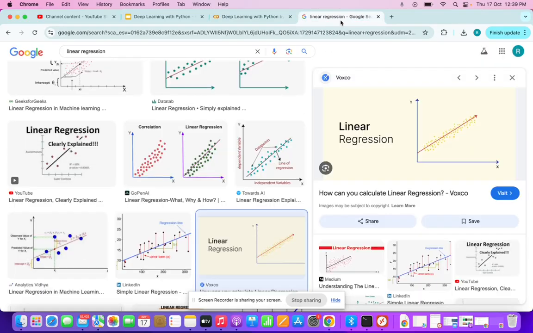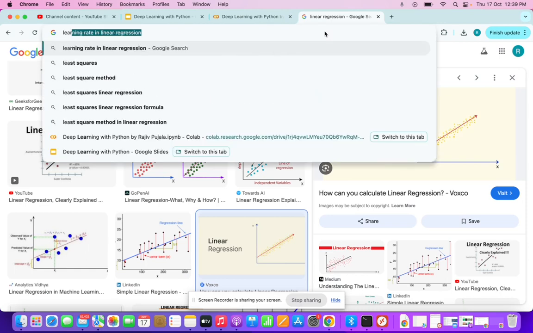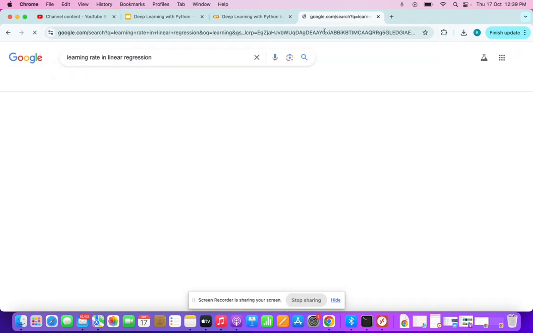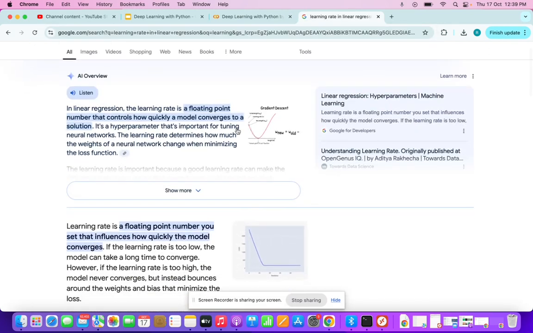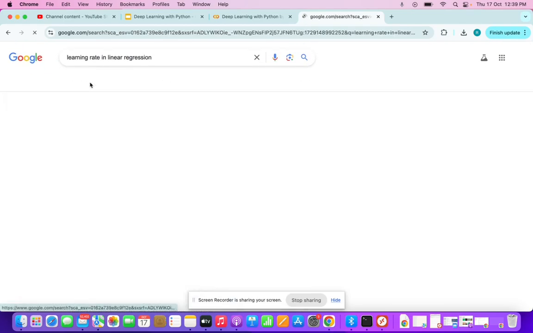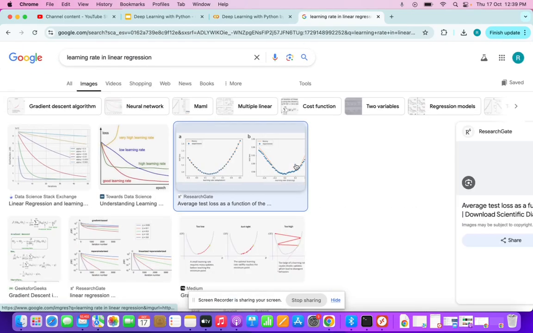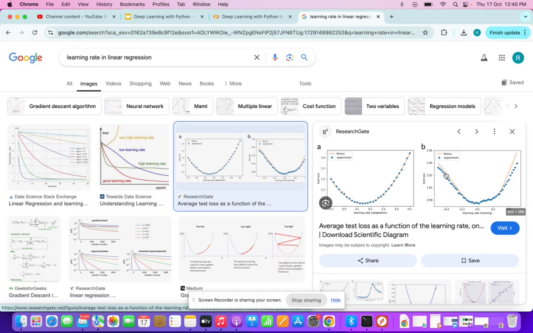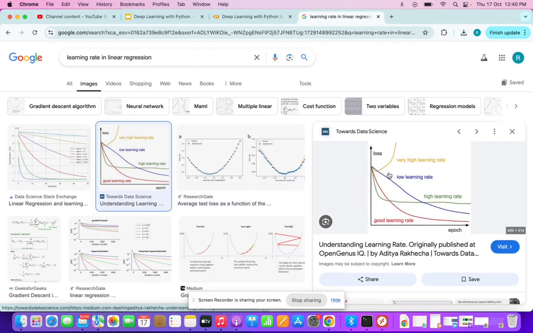So what exactly is the learning rate? Step by step, it helps us to calculate the losses. Here, let's look at the learning rate like 0.1. This is called the learning rate, or you can say the low learning rate, the high learning rate. Right now we are going to use 0.1 as the learning rate.